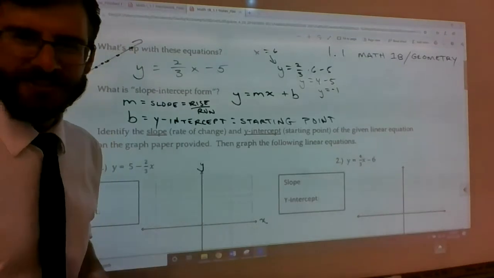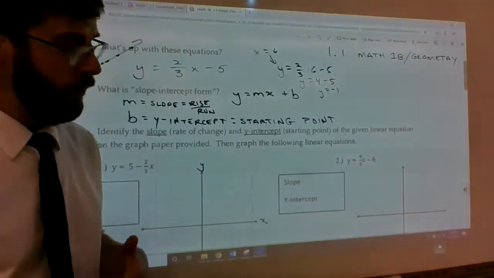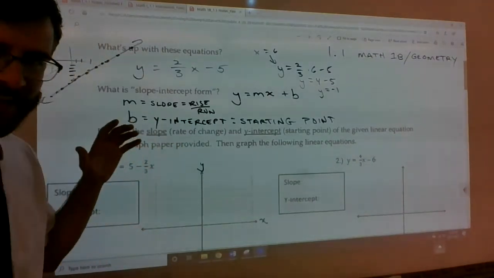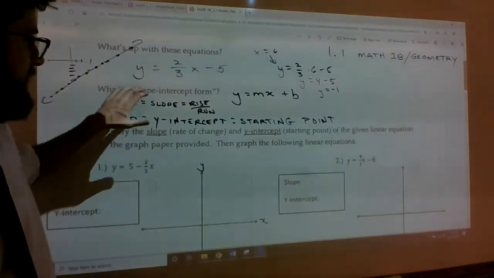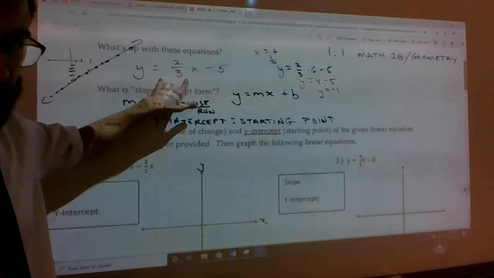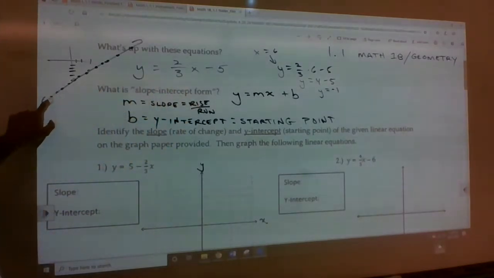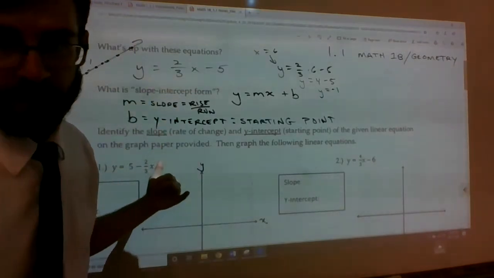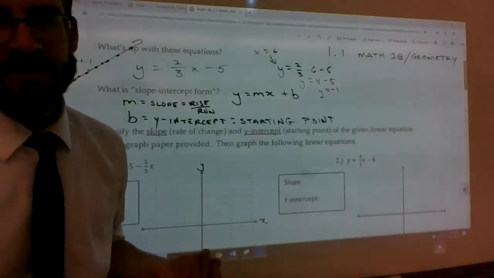So maybe it wasn't necessary to go through that whole explanation of what's the deal with these equations, but I think it's important to keep in mind that this equation has a bunch of solutions. They're all the dots that create this line that's represented by the slope-intercept form given here. So let's get to some examples.